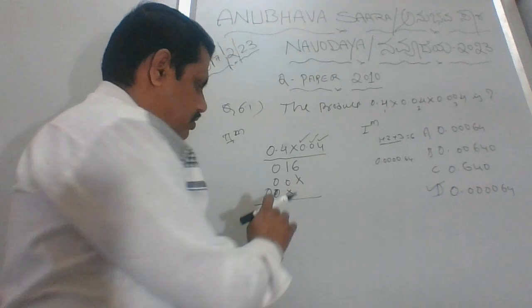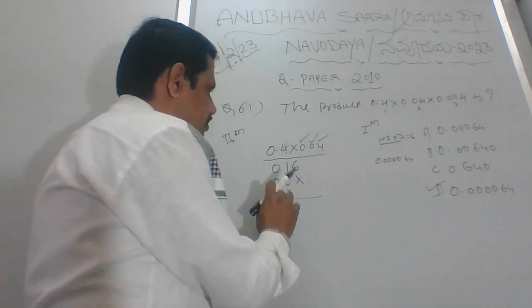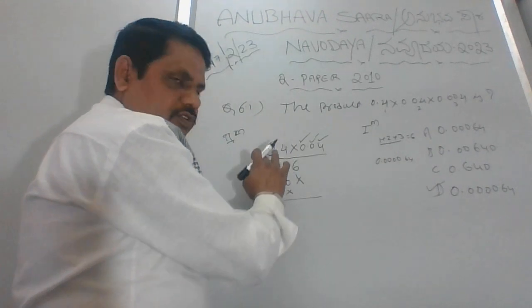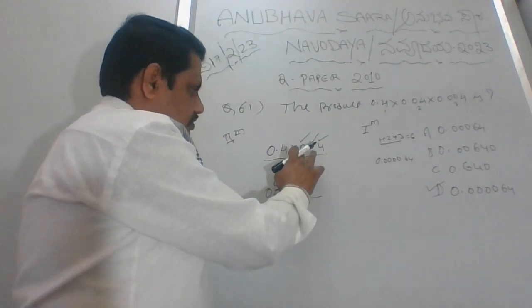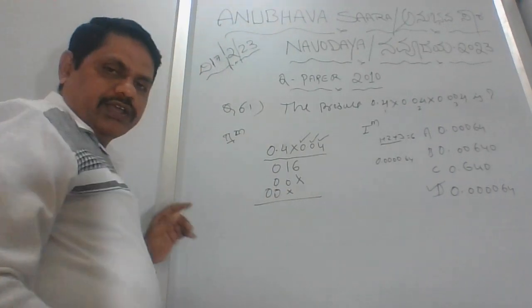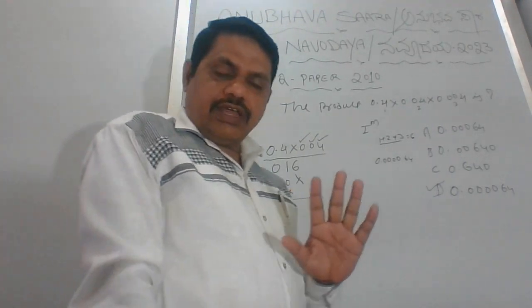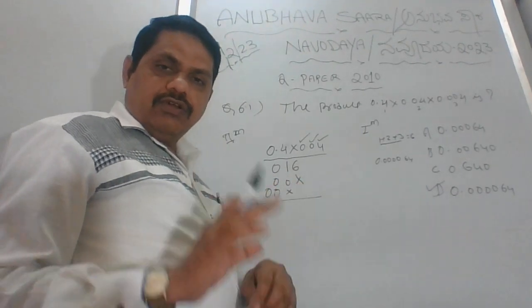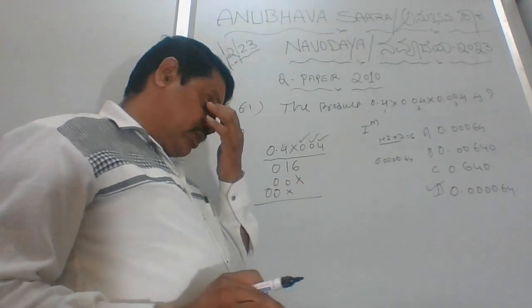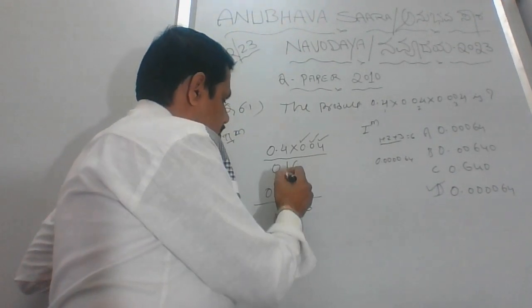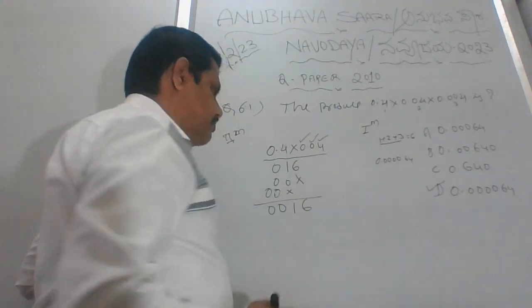Then there are also two numbers. Fine, 0 4 is 0, 0 0 is 0. I am explaining like for LKG UKG students, you should understand clearly and learn it thoroughly. Fine. So 6 1 0 0.